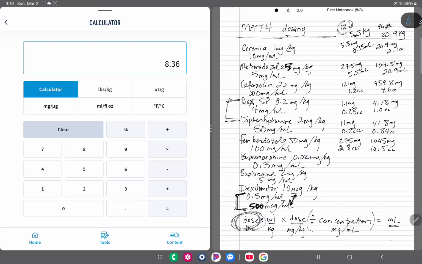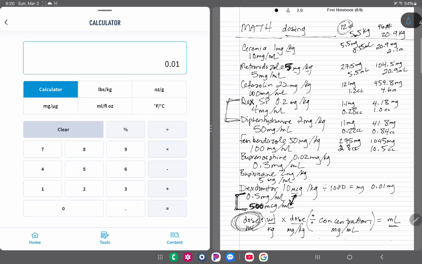Otherwise, if your doctor says mic, if you divide that by 1,000, you will get mig. So 10 mic divided by 1,000 would get me 0.01 mig. That is the same thing as 10 mic. So you could memorize it that way.